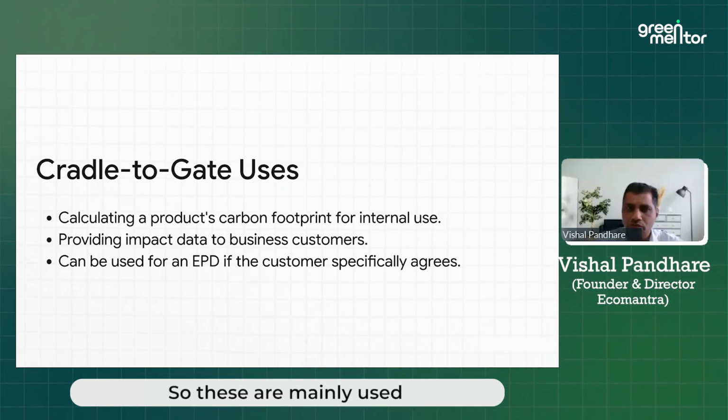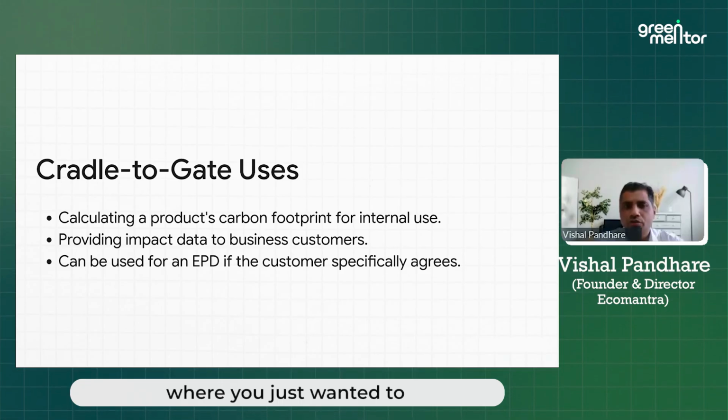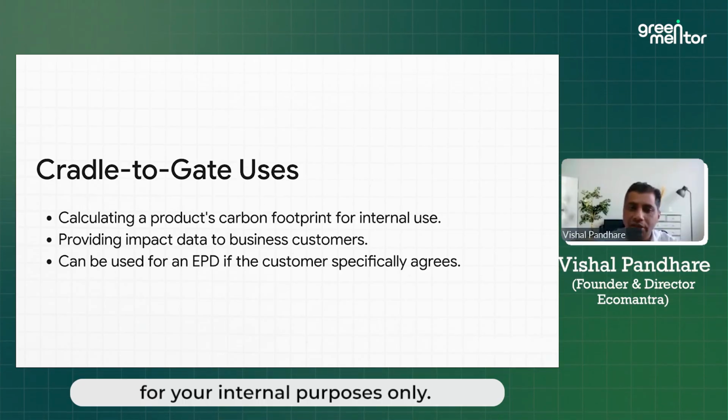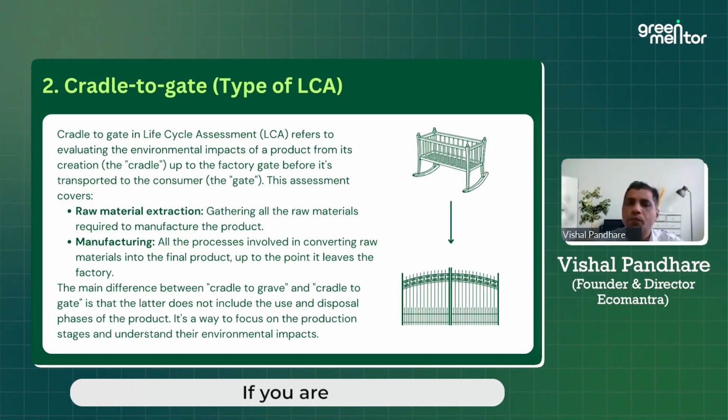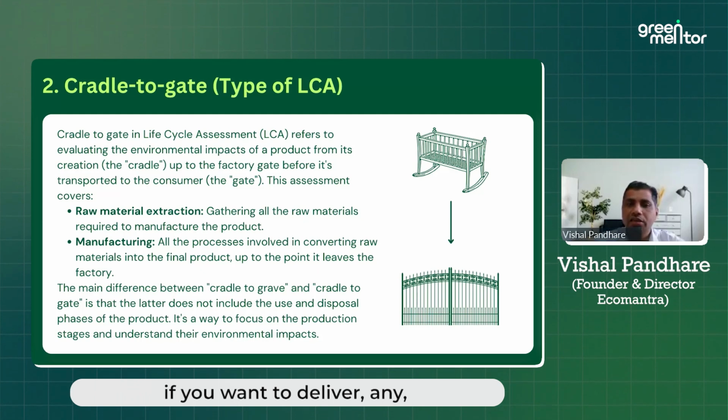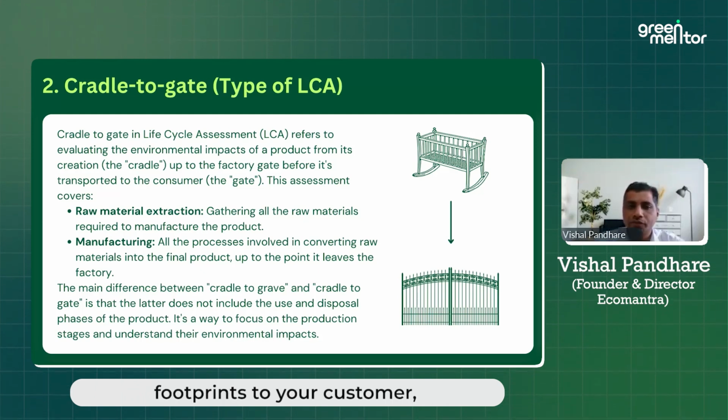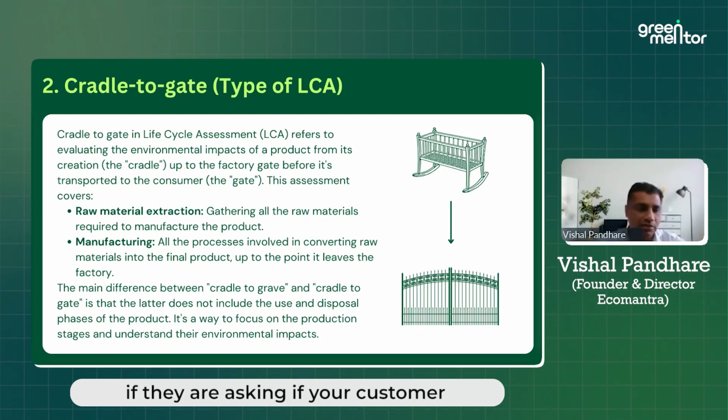So where are we using it? These are mainly used for product LCA, where you just want to see your own product carbon footprint for internal purposes only. Or if you want to deliver a product carbon footprint to your customer, if they are asking.